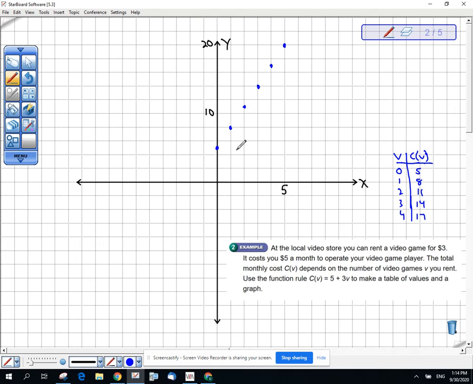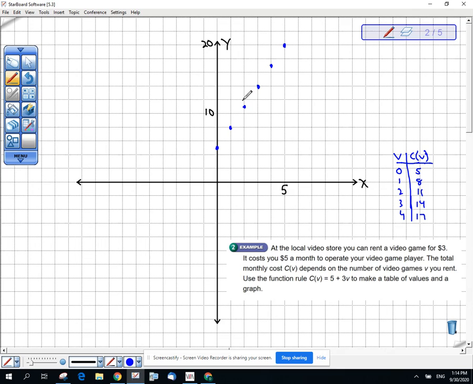Last time I checked, you couldn't rent half a video game. You couldn't go in and say, well, I only have $6.50 to give this month, so can I have half a video game? So to draw a line here would suggest that it's a continuous function, that in the video game example, there are possibilities between these 2 points.